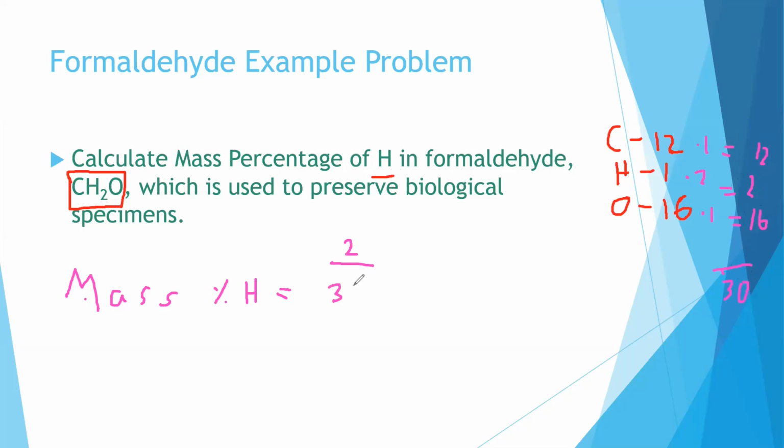So it's 2 over 30, and we want it as a percent, so we're going to times 100. Using your higher math skills or a calculator, you get around 6.7%.